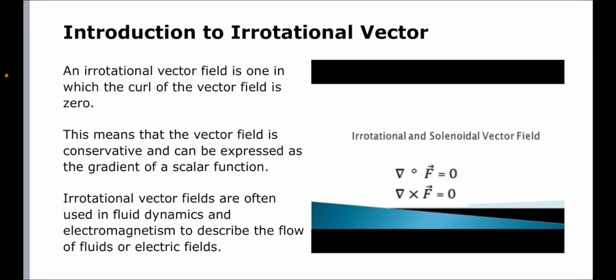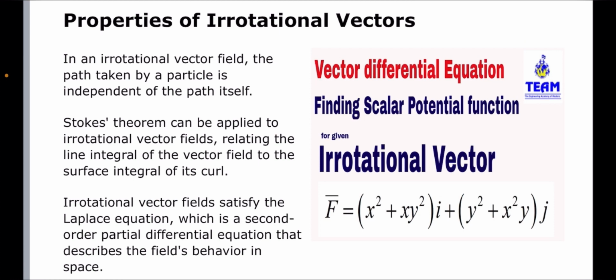Irrotational and solenoidal vector fields. Properties of irrotational vectors: in an irrotational vector field, the work done on a particle is independent of the path itself. Stokes' theorem can be applied to irrotational vector fields, relating the line integral of the vector field to the surface integral of its curl.